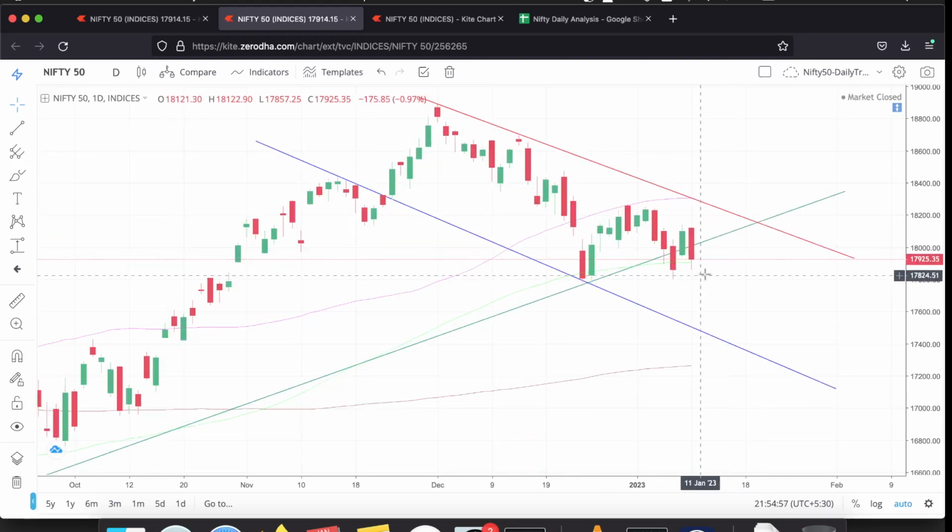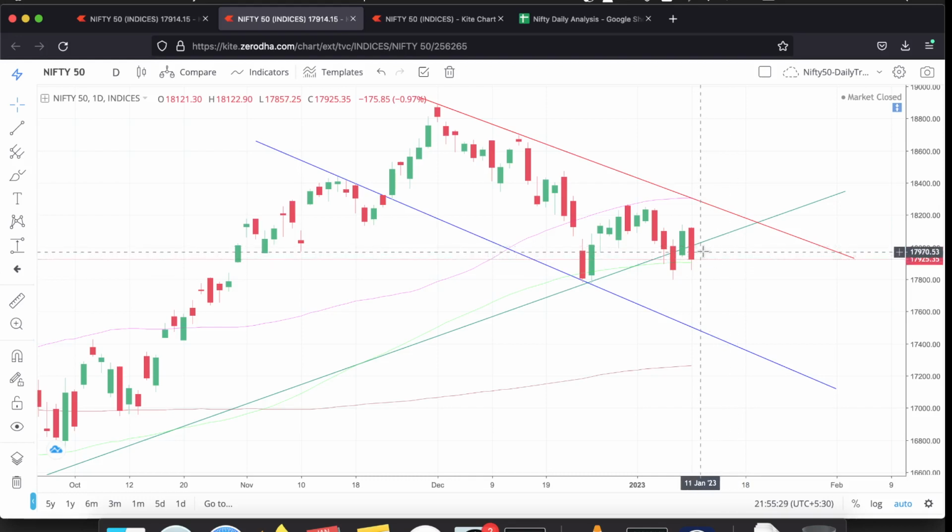Price actually broke a little below the 100 DMA also, but either due to short coverings or a little buying towards the end of the session, Nifty closed above the 100 DMA now. So we have a few support levels below the current close, and a few resistance levels above the current close. This rising trend line now will act as a resistance if price tries to go above it.